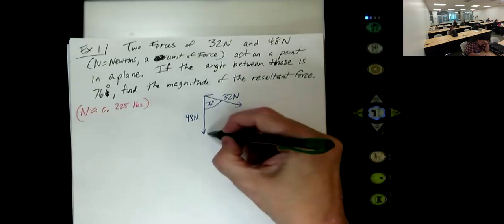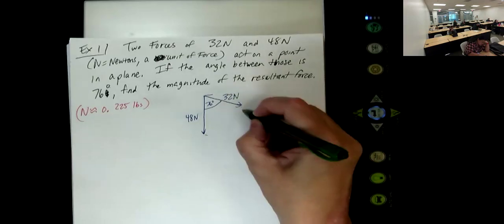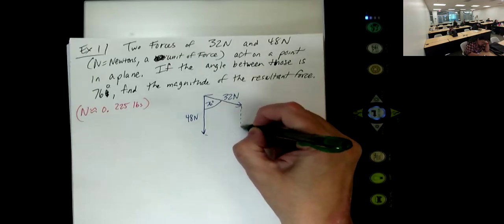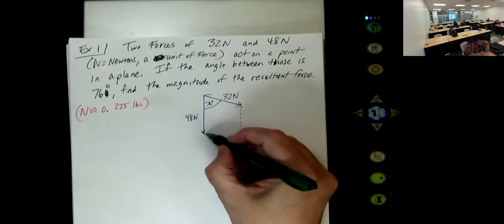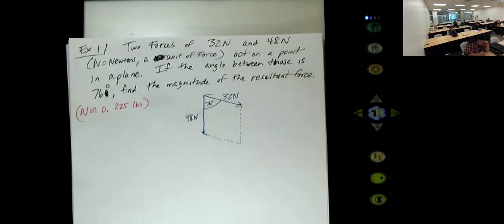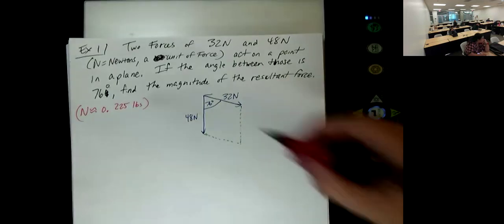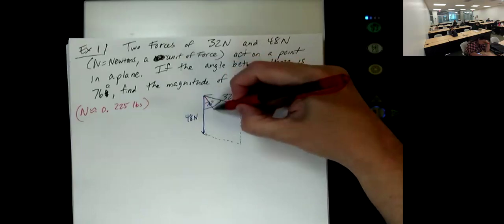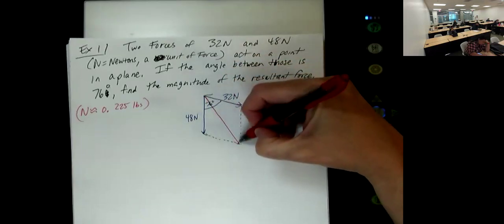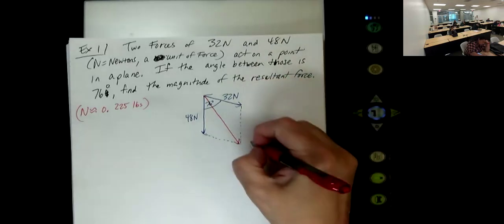And if I made an invisible parallelogram, I can see what's going to happen. This is going to be our resultant vector.